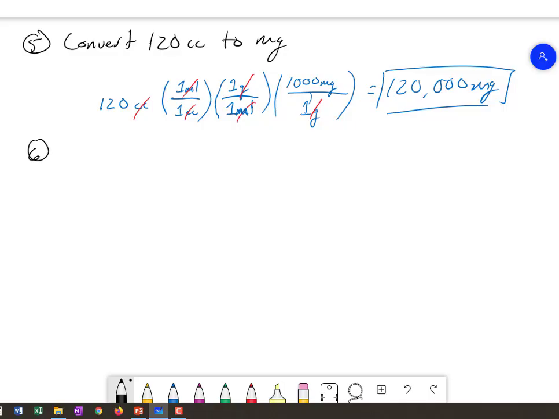Okay, number 6 is convert 5.0 times 10 to the third milliliters to liters. On this one, the first thing that I like to do is, some people don't mind it, but I don't particularly like working with these scientific notations.